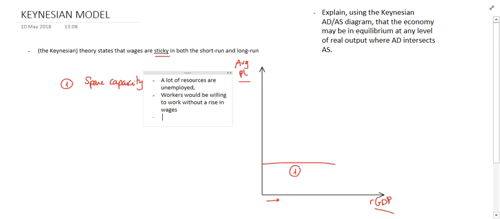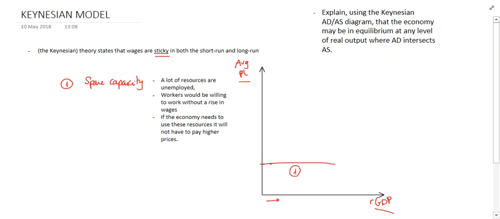And if the economy needs to use these resources, it will not have to pay higher prices. And that's why this is signified on the aggregate supply curve that production may rise at a stable price level.